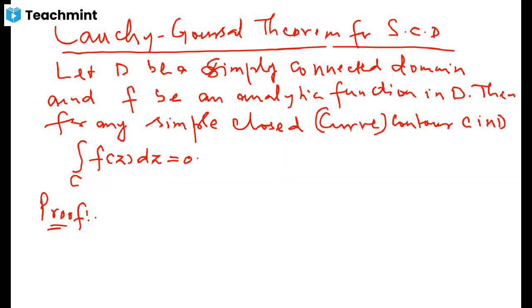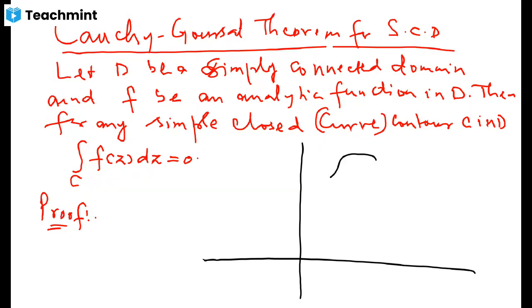and what you have to show is that for any simple closed contour inside that domain D, let me take a simple closed curve C, over this simple closed curve the integral of this analytic function is 0.